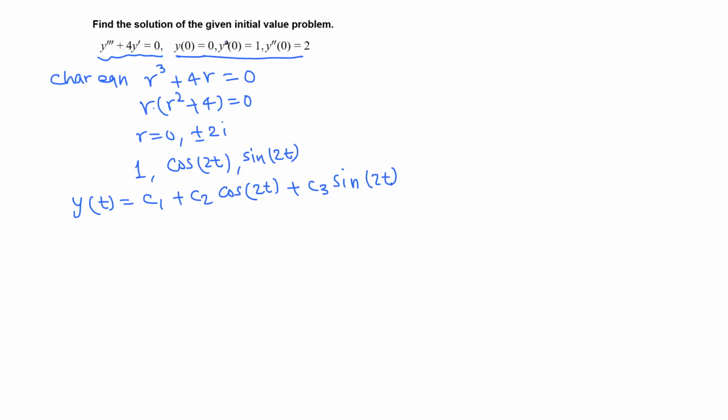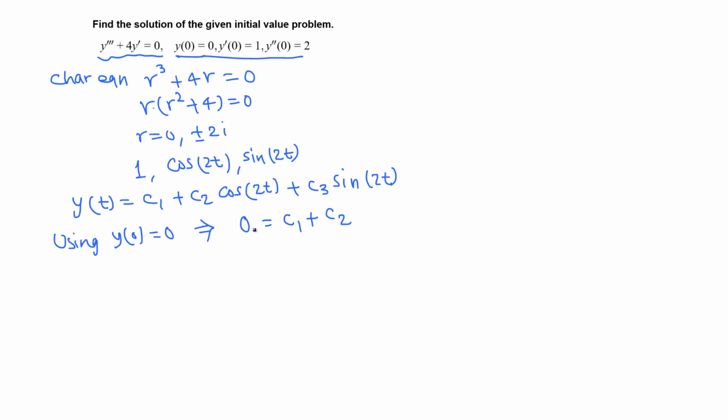So we have y prime, y double prime, so we need to find y prime and y double prime, but let's use the first initial condition anyways. So using y at 0 equals 0, this implies y is 0 when t is 0, so this is c1 plus c2 times cosine 0, which is 1, so c2, plus c3 times sine 0, which is 0.